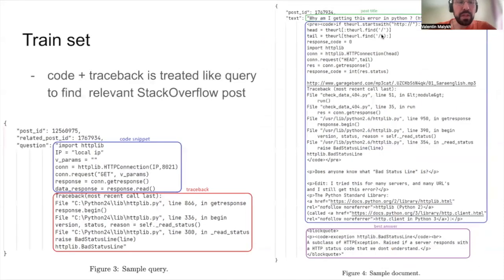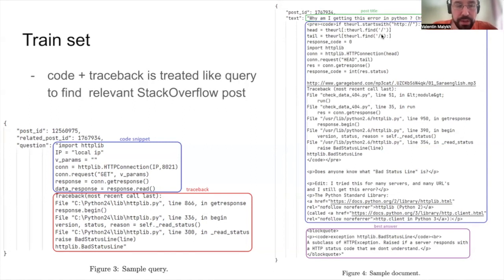Okay, so what does the dataset we have actually look like? It looks something like this. For the train set, we have code and traceback extracted, and we have the post title, which has been posted on Stack Overflow, and we have the whole post with the whole text, and the best answer, which is the answer we want to get.